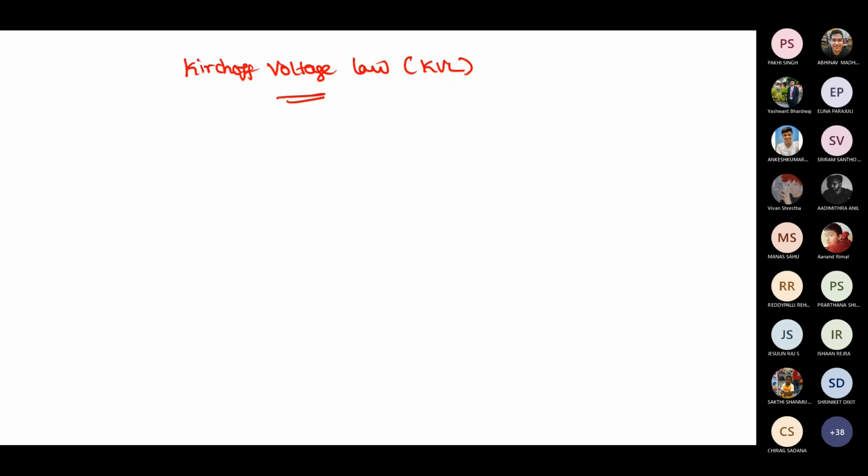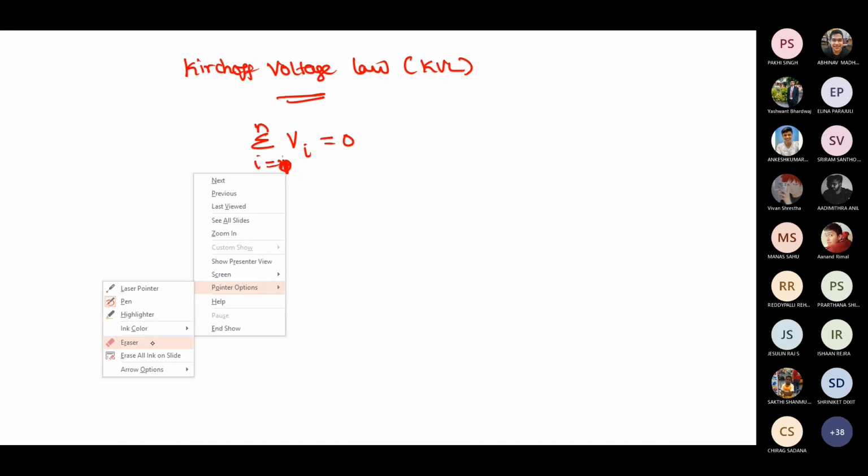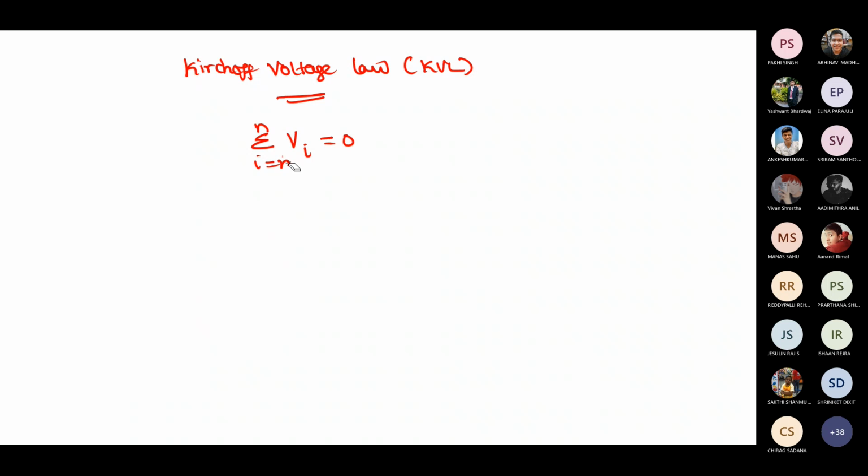That is what Kirchhoff is saying. So if I take i from 1 to n, then the sum of Vi is equal to 0. The potential drop in a closed loop is equal to 0. That's what we're going to see ultimately.